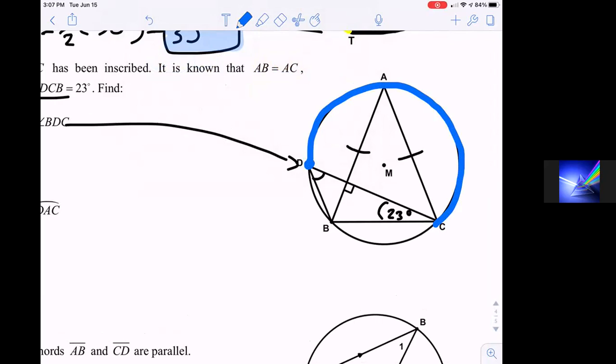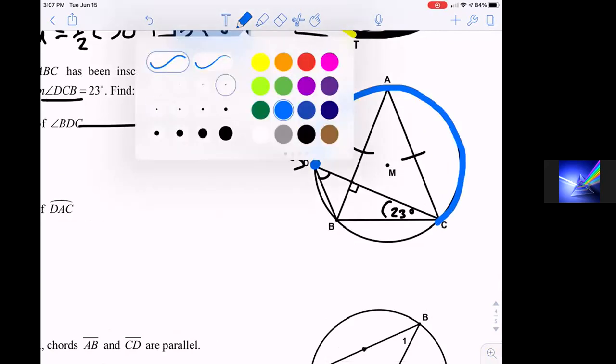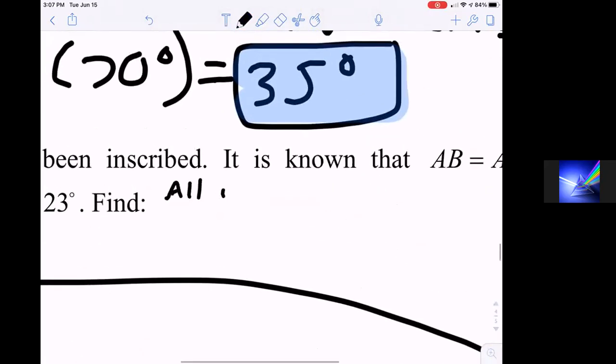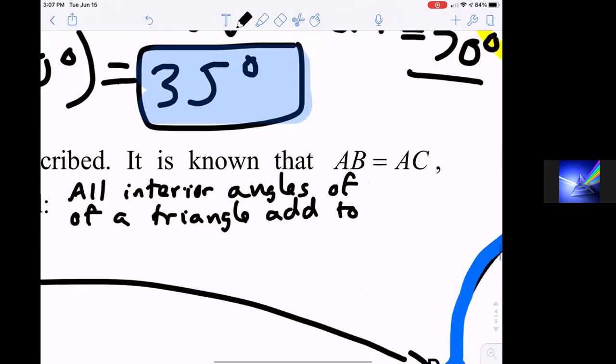And the way we can start doing this is we can really start using a couple different ideas. One idea we can use is that all interior angles of a triangle add to 180.